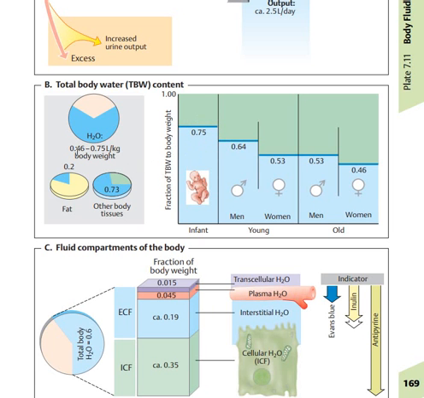So here we have 0.46 to 0.75 liters of water per kilogram of body weight. Inside the baby you're going to have about 0.5 liters of water per kilogram of body weight.